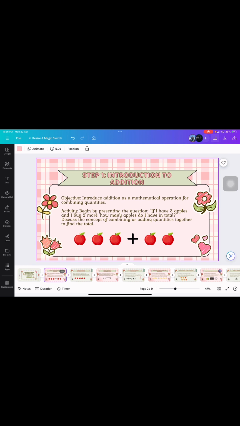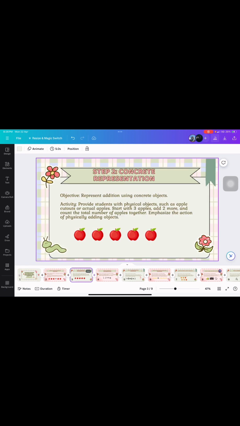So let's dive into the world of addition and see how we can use it to solve this question and many more like it.